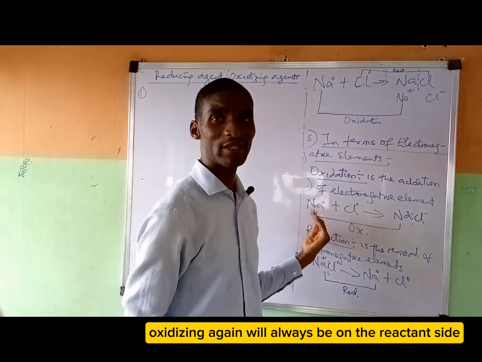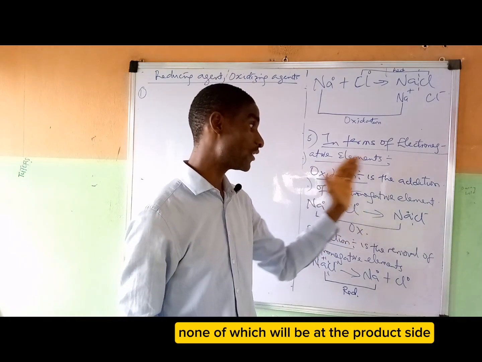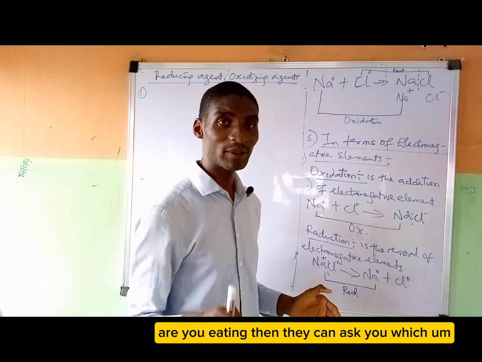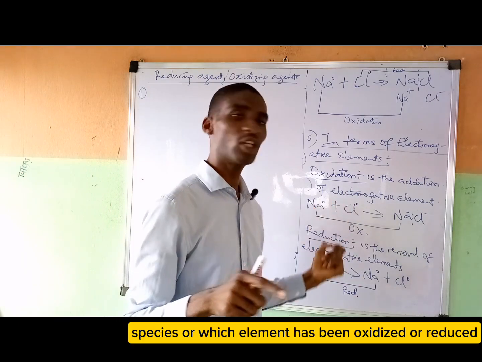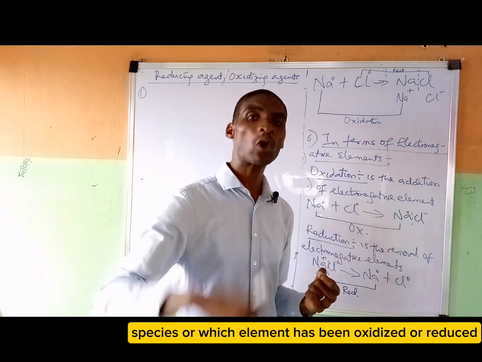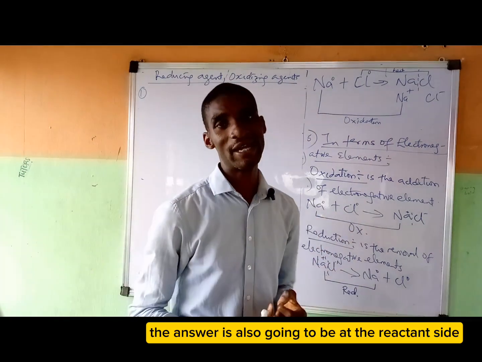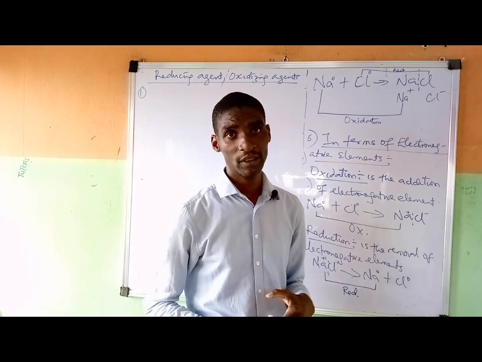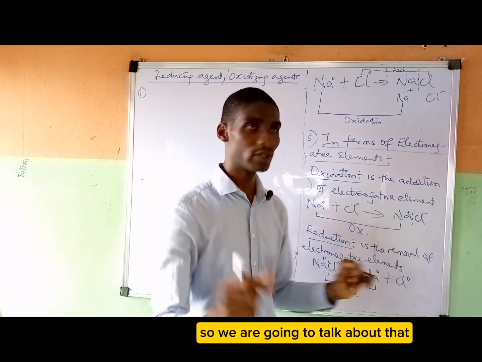Oxidizing agent will always be at the reactant side. Reducing agents will always be at the reactant side. None of it will be at the product side. Are you with me? Then they can ask you which species or which element has been oxidized or reduced. The answer is also going to be at the reactant side, not at the product side, because it is the oxidizing agent that will be reduced. So we are going to talk about that.